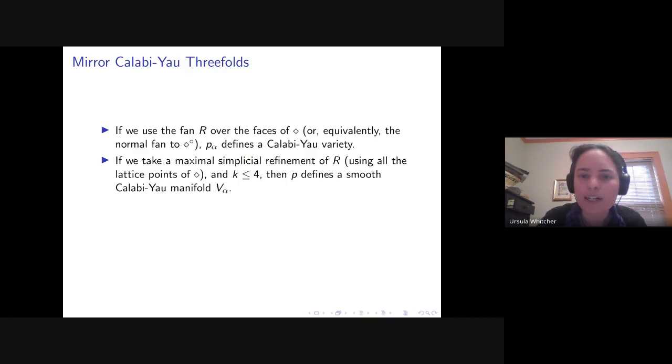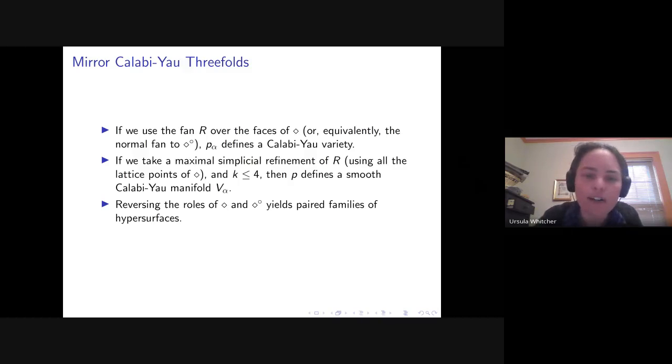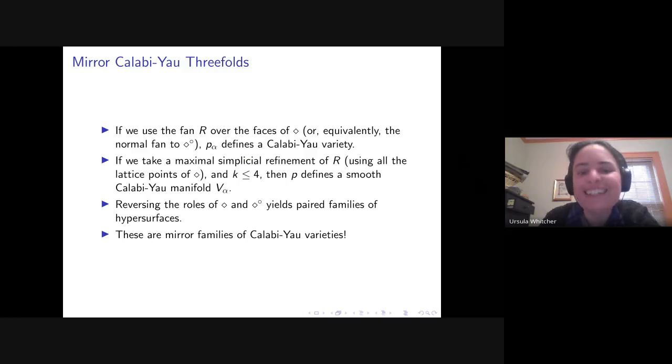As long as we're in ambient dimension 4 or less, we can smooth it out enough to get a smooth Calabi-Yau in all cases. And then if we flip what we think of as our regular polytope and what we think about as our dual polytope, that gives us paired families of hypersurfaces, just changing our point of view about what's the original and what's the mirror polytope. These are indeed mirror families of Calabi-Yau varieties. So that's how it works for three-folds.